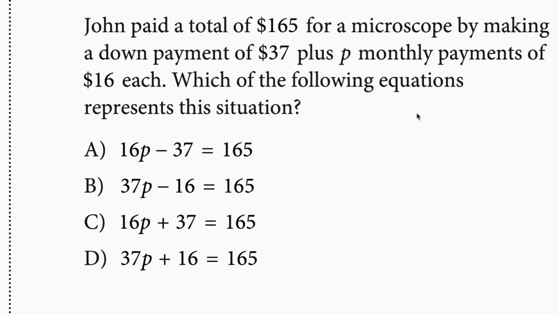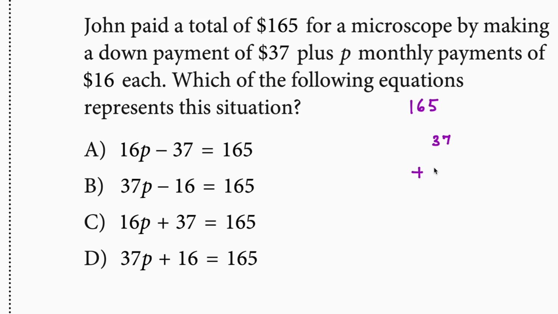Suppose I go to a shop and say, okay, I need to buy this microscope, but I don't have the money. Then the shopkeeper says, okay, how much do you have? So I say, right now I have only $37. He says, okay, give me $37. Here in math, it is known as down payment of $37.